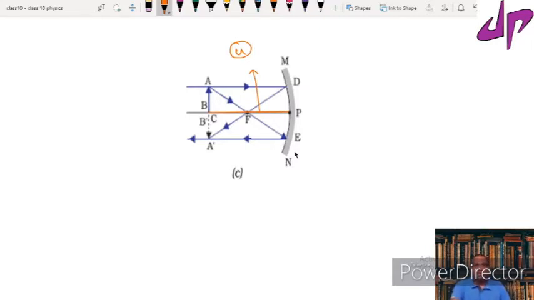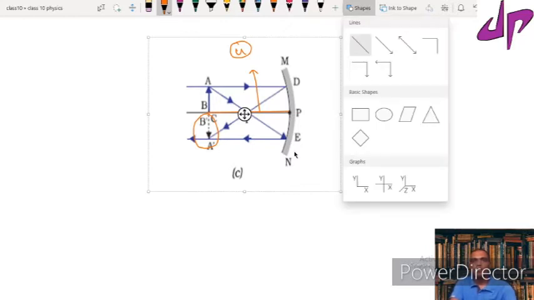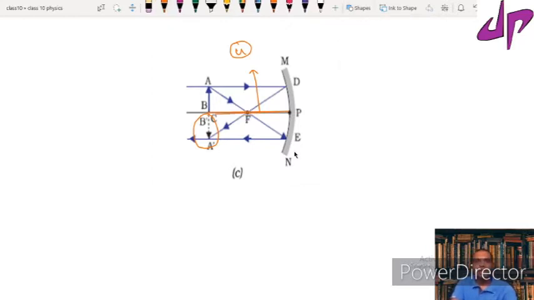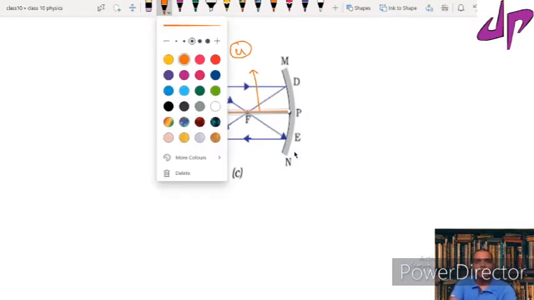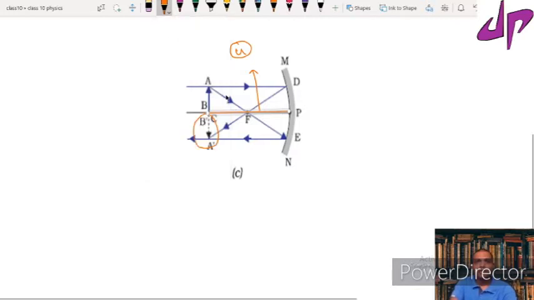And in this case, the image is forming here, A dash B dash, and the length from the pole to the image we can take as image distance v. So with the help of the scale, we can easily measure the object distance and the image distance.